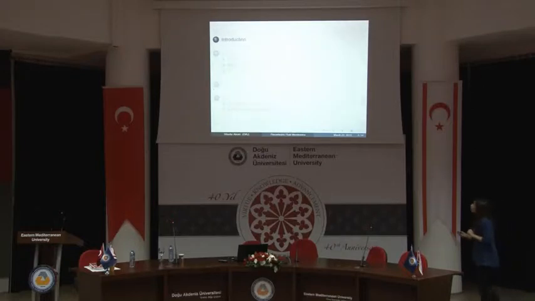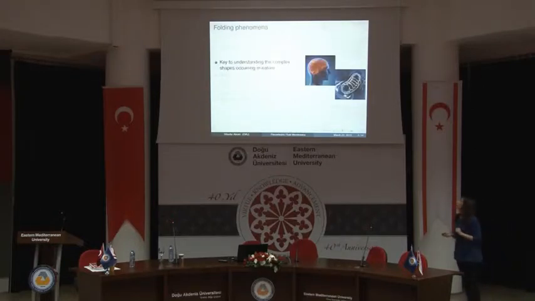I'm going to go through the introduction firstly by telling a little bit about the folding phenomena. Everywhere in nature you can see folding that has happened, and understanding the folding phenomena helps us to understand the very complex shapes that happen in nature. As a couple of examples, you can see the cerebellum in the brain, and another interesting structure is the mitochondria.